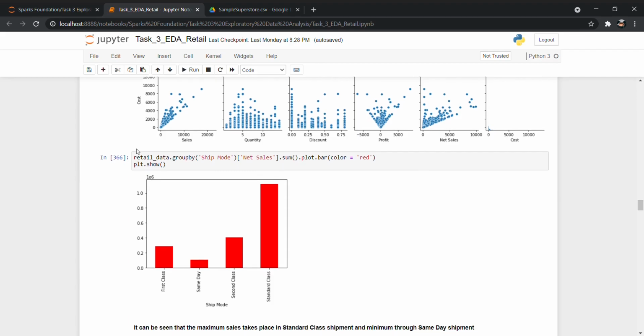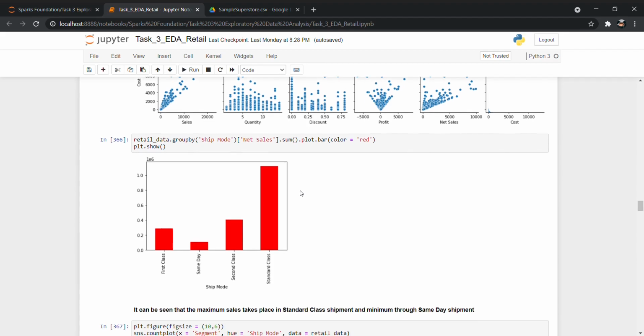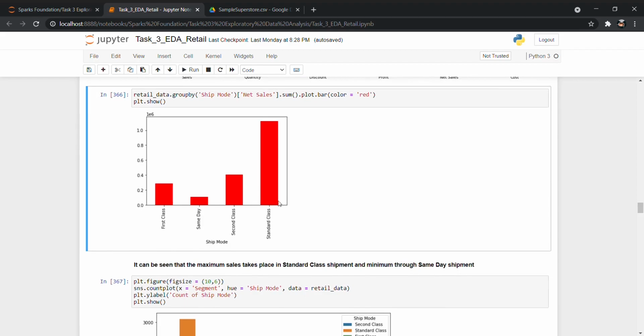Then I have plotted a bar plot which shows the net sales in particular ship mode. In this you can see most customers choose standard class, whereas shipments on the same day are considered by less segment of customers.